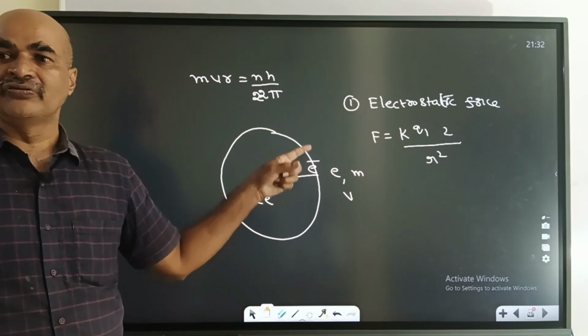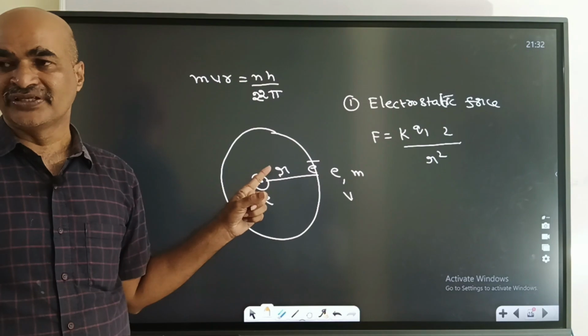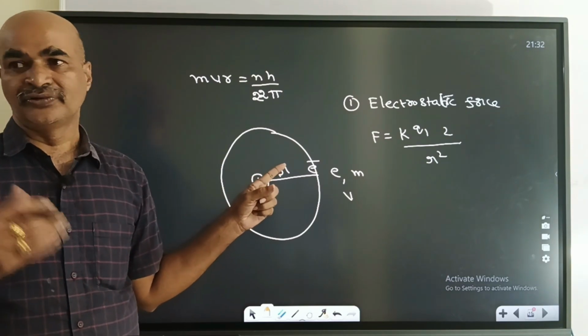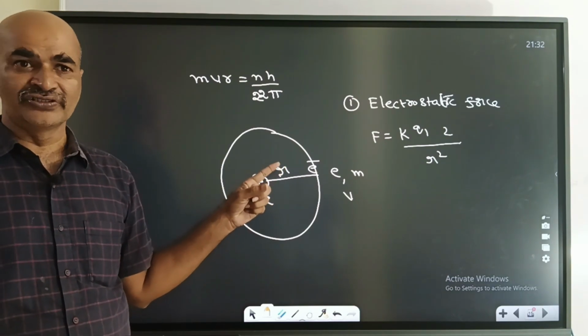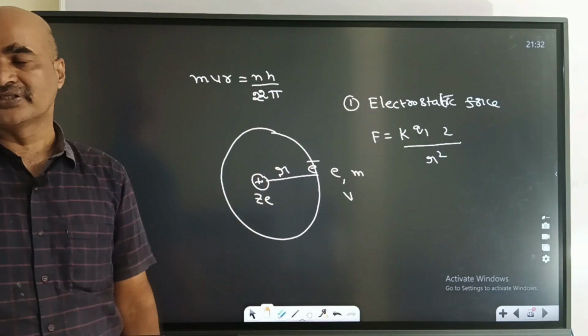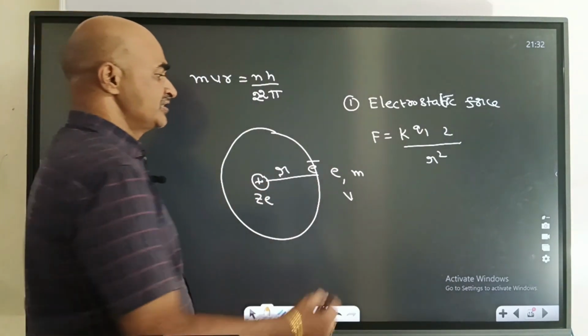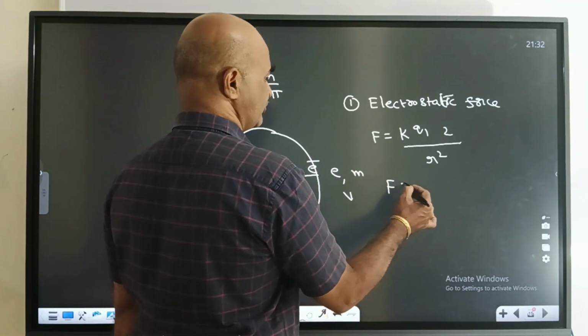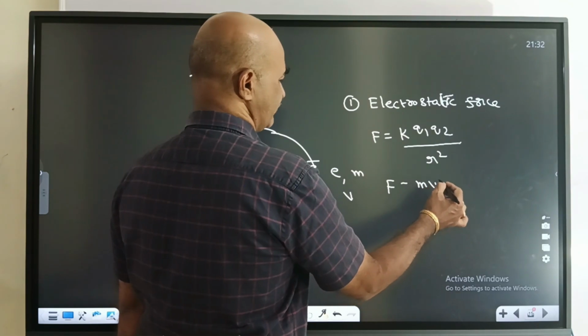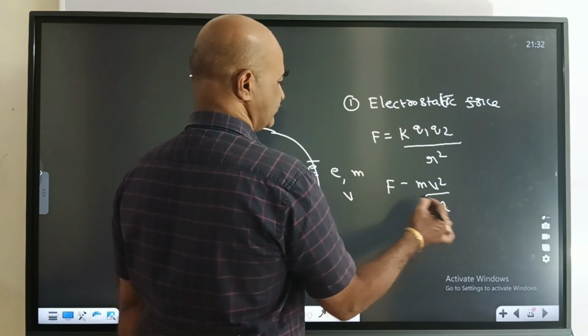When an electron is revolving around the nucleus, some force is operated. That force is called centrifugal force. Centrifugal force F is equal to mv square divided by r.